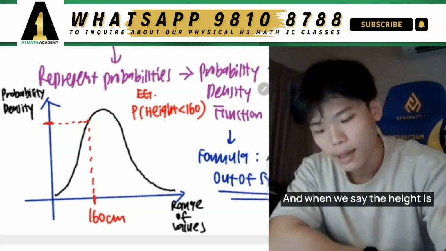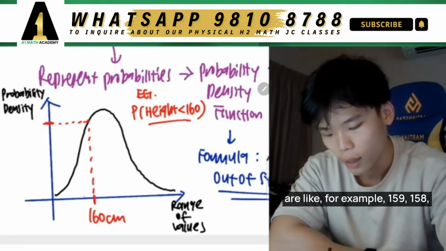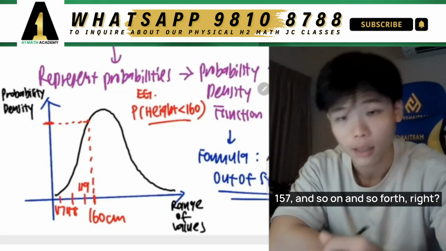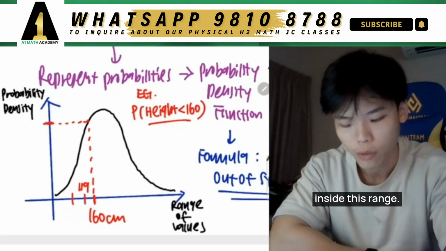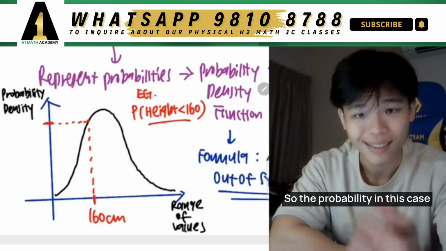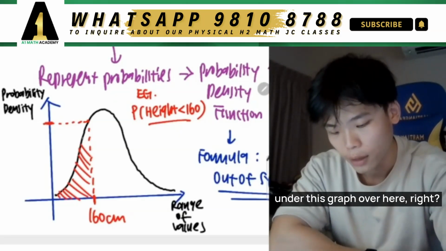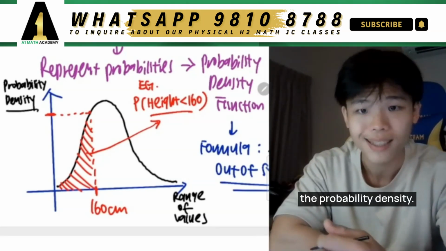And when we say the height is lesser than 160, that means we also want to include those who are, for example, 159, 158, 157, and so on and so forth. All of them are included inside this range. So the probability in this case will be represented by the area under this graph over here, because this graph is the probability density.